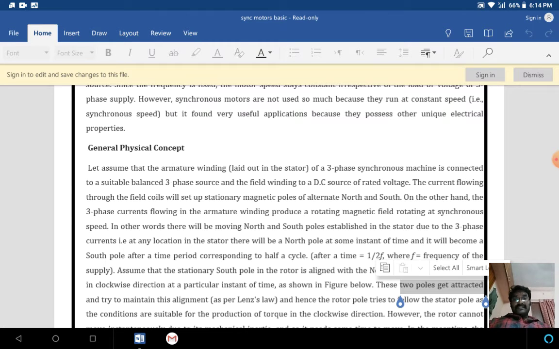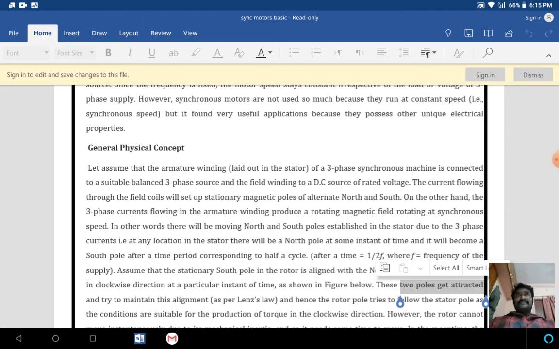Why should we give a DC source to the field winding? Because it's a synchronous machine, the rotor and stator both operate at the same speed, so there is no difference. The rotor tries to rotate clockwise and the stator, or RMF, tries to rotate anti-clockwise. If both values are equal, then the motor does not rotate.